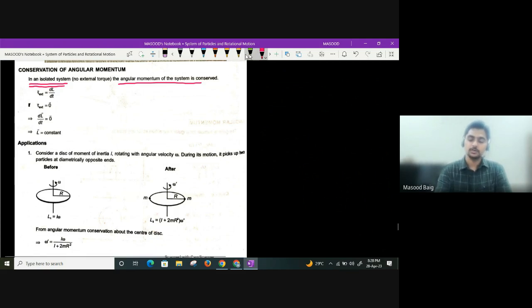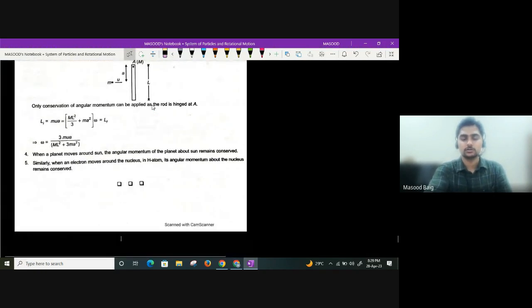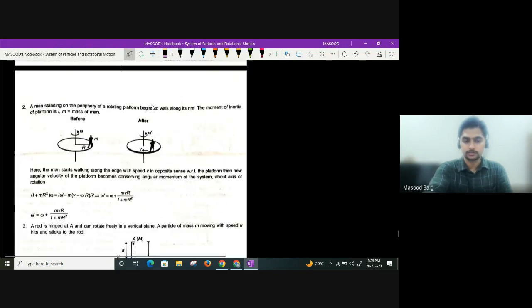Always remember, torque is given as the rate of change of angular momentum. So if torque is not there, then what will happen to angular momentum? Either it can be zero or it will remain constant. Some applications of conservation of angular momentum are there, which you can also try doing, guys.